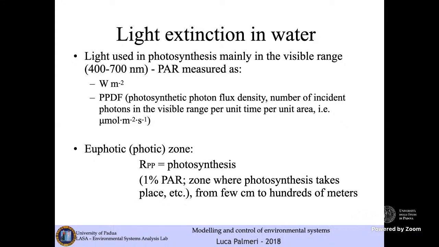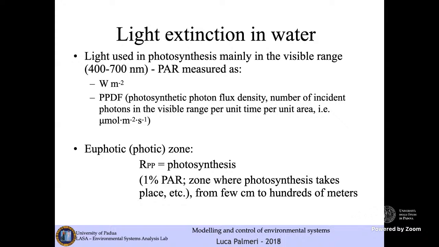Then we may define the euphotic zone as the part of a water body up to which we have 1% of photosynthetically active radiation. So this is the zone in which photosynthesis takes place in any case. So we have a zone in which we have at least 1% of PAR or more than that.